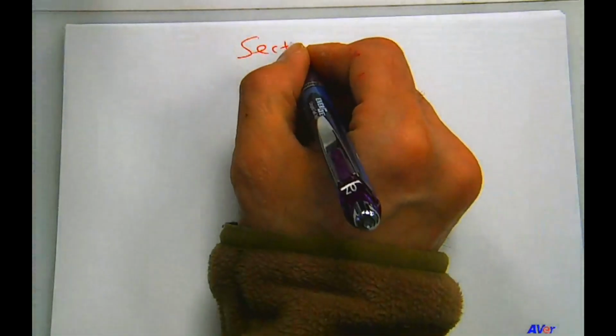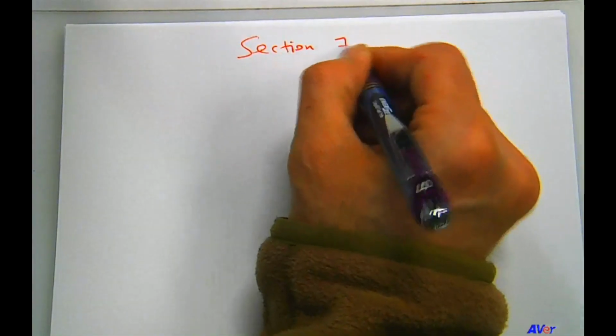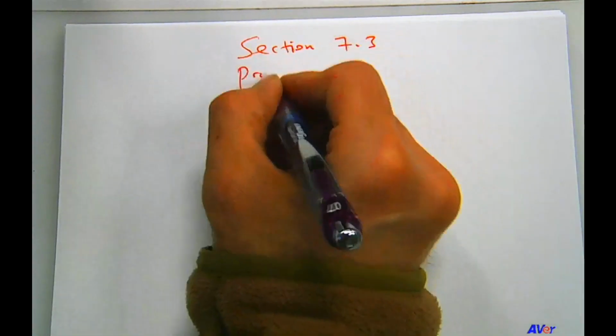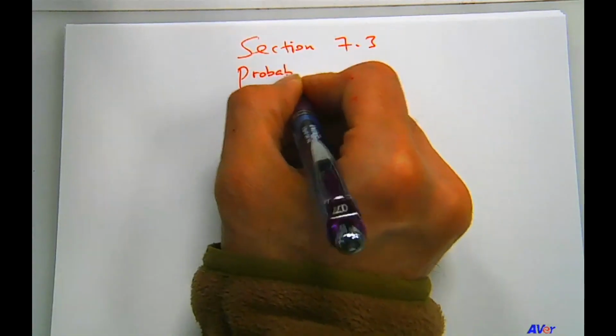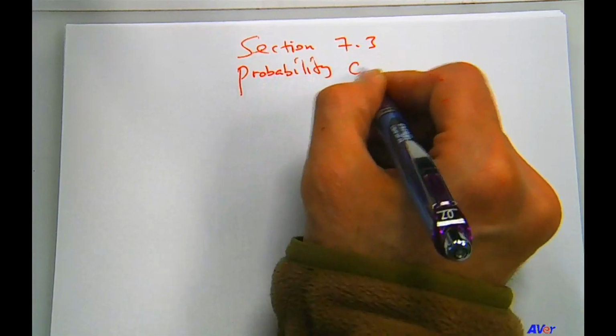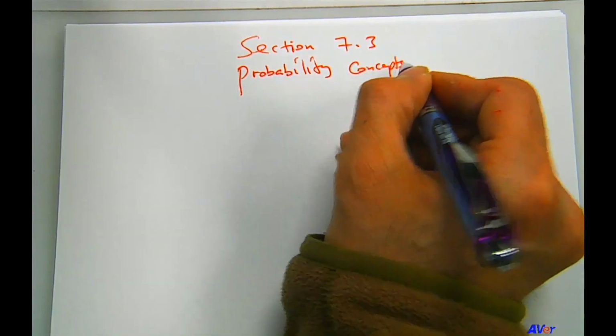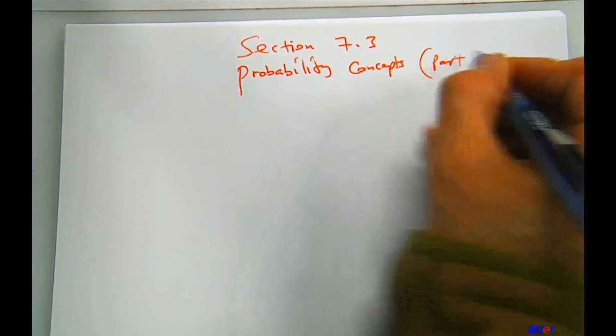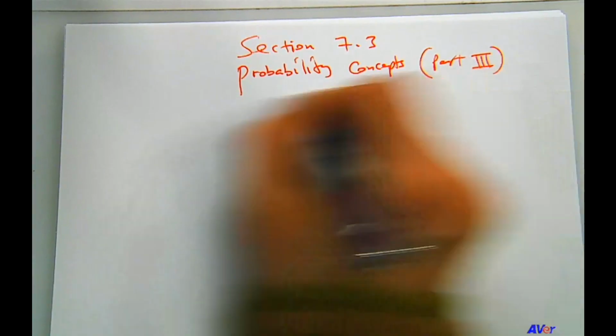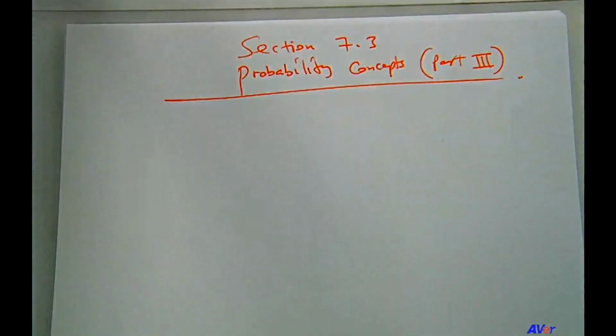So section 7.3, and this is probability concepts part 3. So counting in general, this multiplication principle helps us do many things, figure out probabilities, figure out counts, and so on.